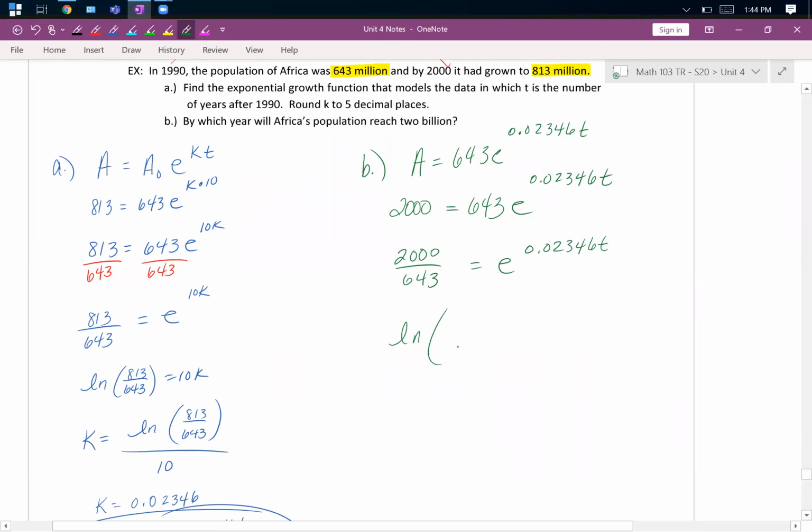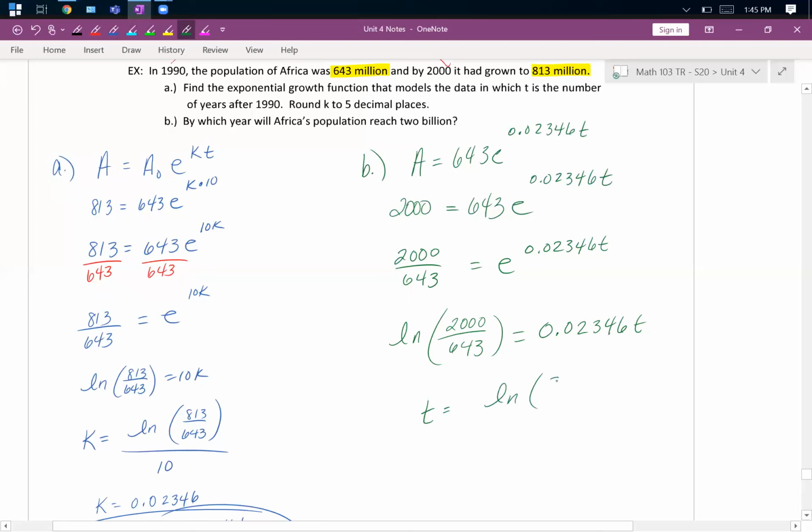So this becomes the natural log of 2,000 over 643 equals 0.02346t. Lastly, we need to divide by that decimal.